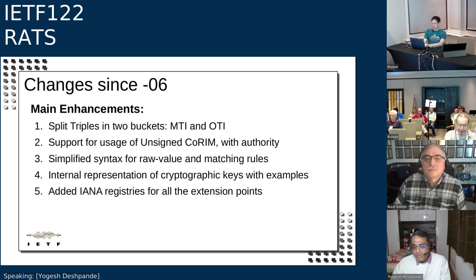Then we realized that the cryptographic keys, whether attestation keys, attestation verification keys, or device identity keys, were not internally represented. Whether they appear in the claims or in these triples, how to match them, how to do comparison. That has been adequately explained now with examples, CDDL, and CBOR diag examples. And for each of these extensible maps in the CoRIM spec, we have added IANA registries to all the extension points. So these are the main enhancements to the document this time. Next slide, please.